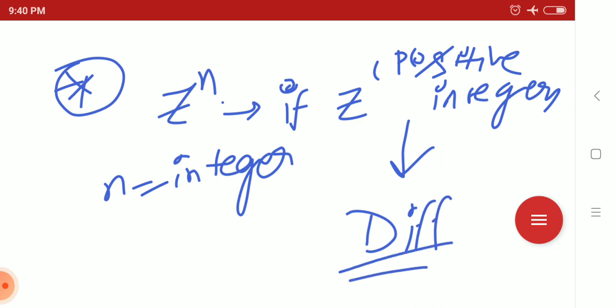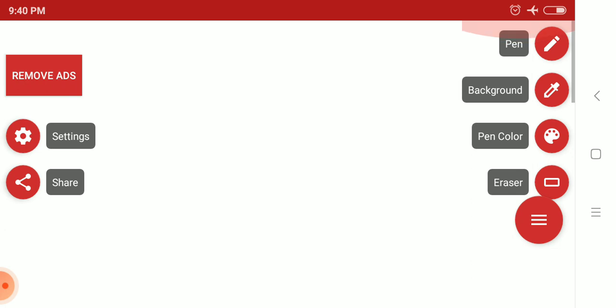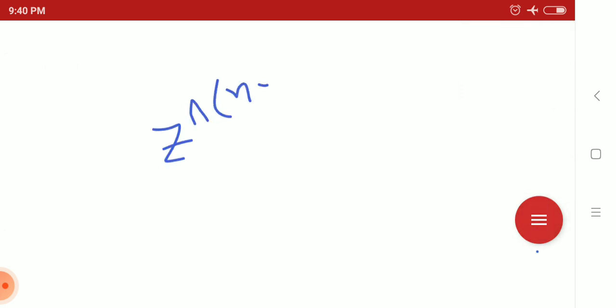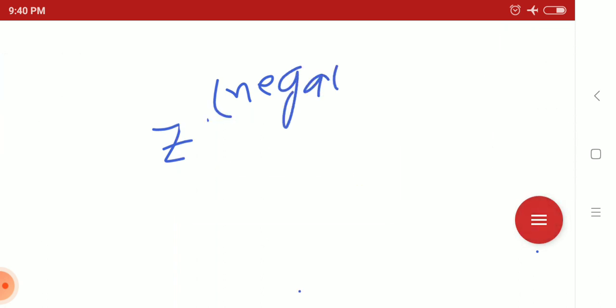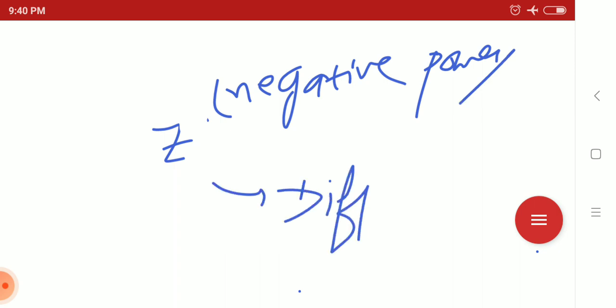And if we have z to the power negative integer, remember it as a trick, negative power here, then it will not be differentiable.